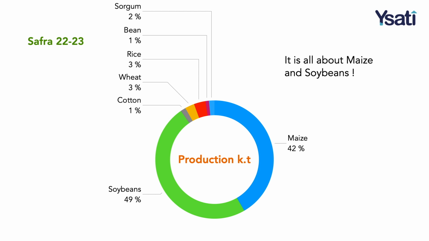So soybeans represent almost 50% of all grain production, in weight, final product, and corn or maize is around 42%.